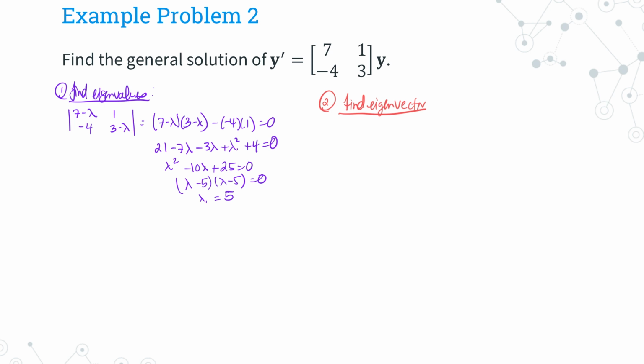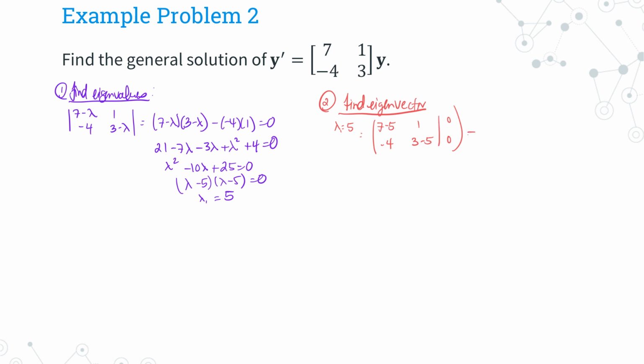So if we find our eigenvector for lambda equals 5 for lambda 1, we end up with 7 minus 5, -4, 1, and 3 minus 5, augmented with a 0 vector.